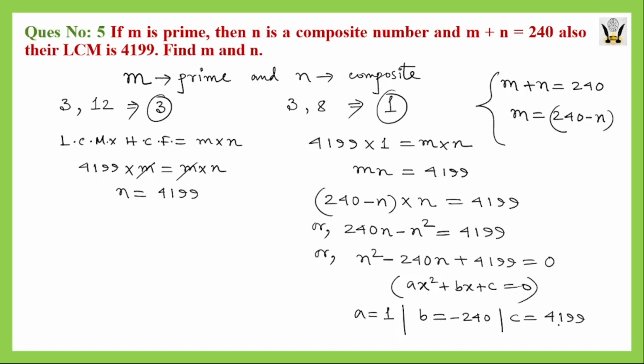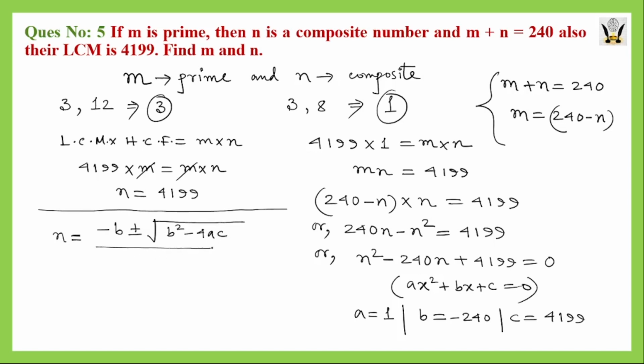Now if we solve this quadratic equation by the formula that we know, the value of x, in our case n, will be minus b plus minus root over b square minus 4ac, and whole divided by 2a. This is the formula.